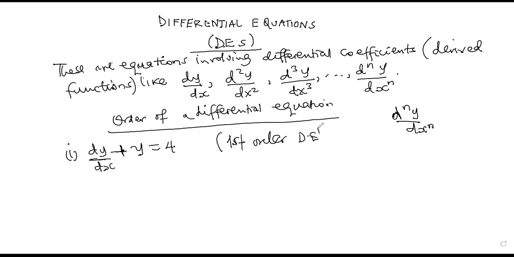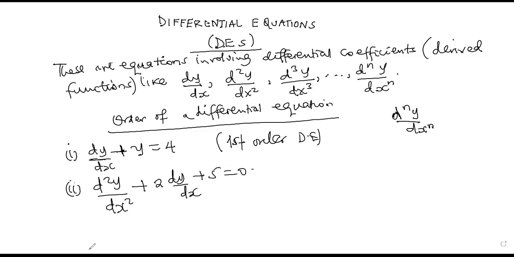If we have an equation like d²y/dx² + 2 dy/dx + 5 = 0, look for the highest derivative, the one where n is big.